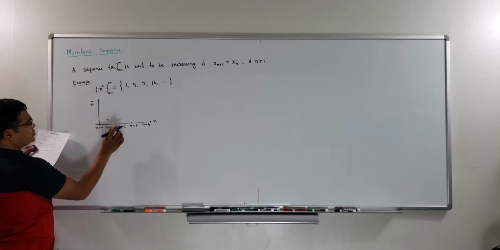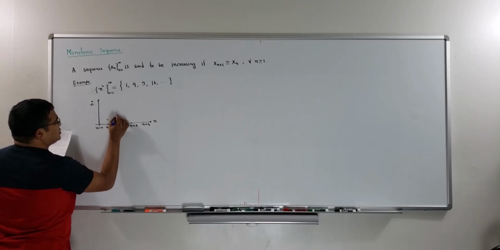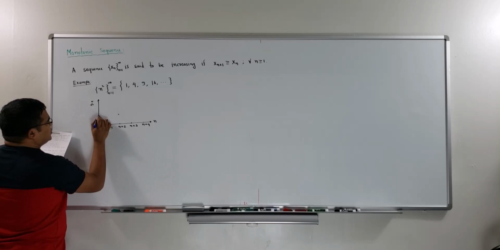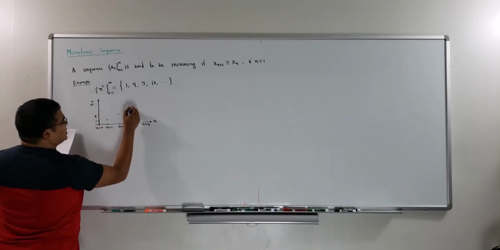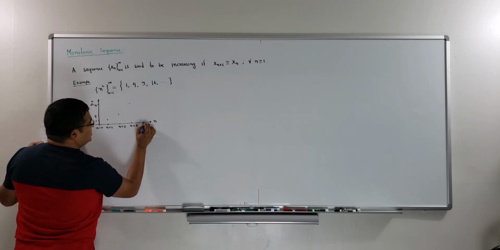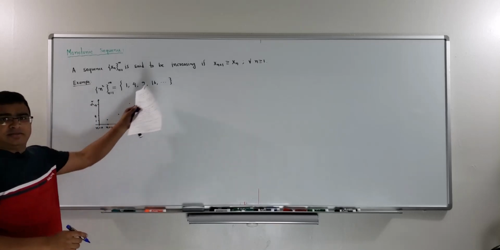When n equals 2, we have 4. When n is 3, it's 9, and when n is 4, we have 16.